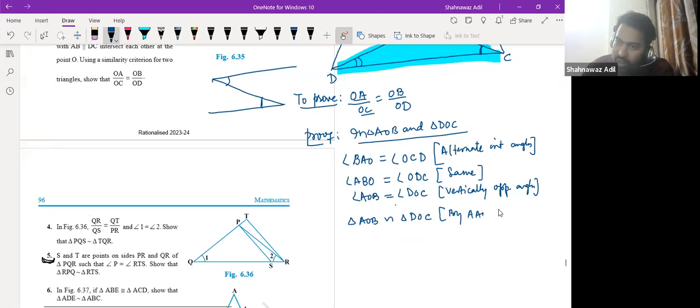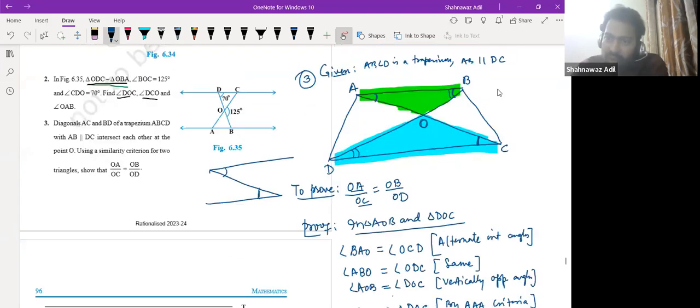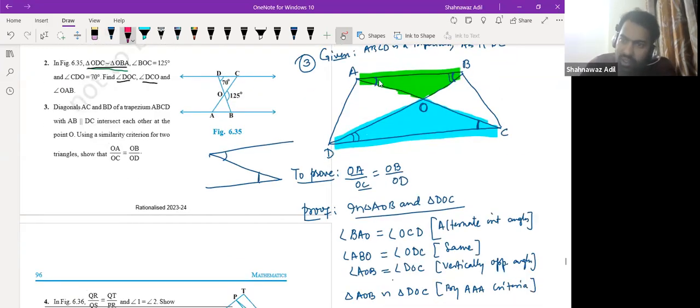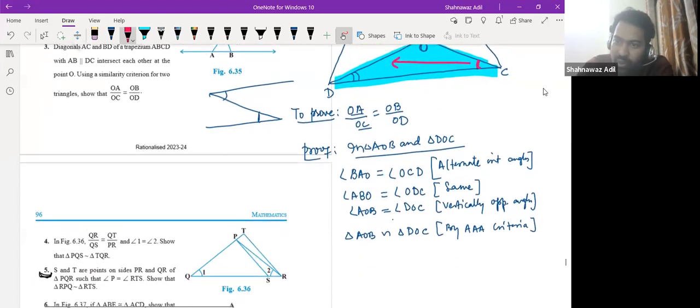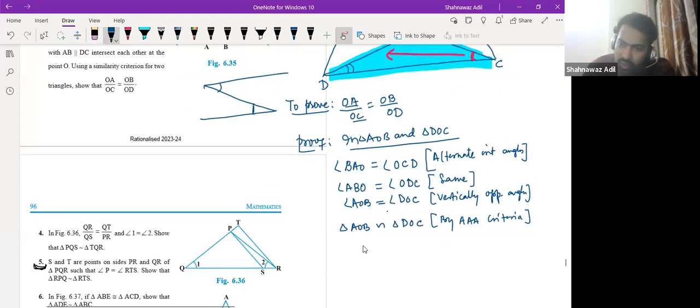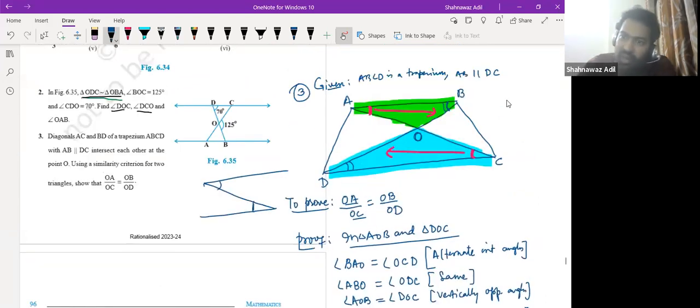If these angles are equal, the corresponding part of this angle is this side, and the corresponding part of this angle is opposite to this side. So this would be BO by OD.